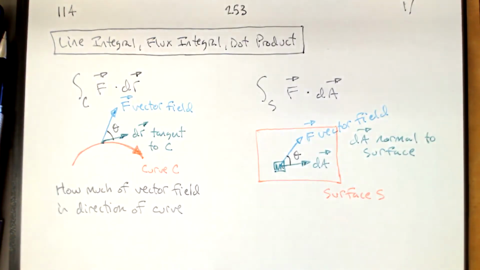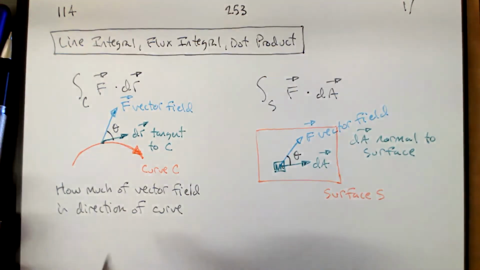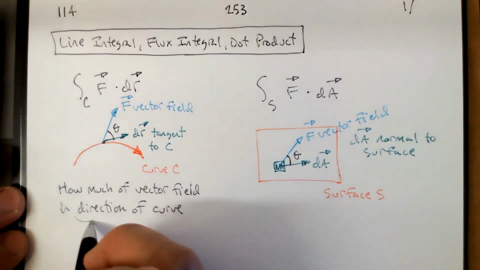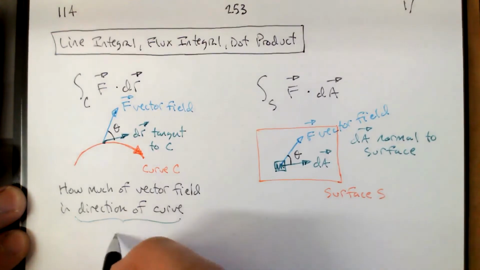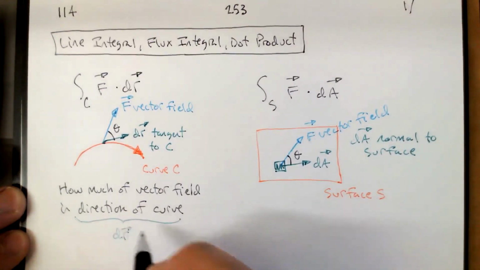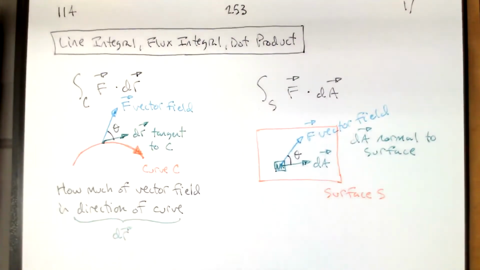The direction of the curve, that's why we have the dr. That's where the dr comes from. It's tangent to the curve, so that's the direction of the curve. Since we want to know how much of the vector field is going in the direction of the curve, we find the dot product.